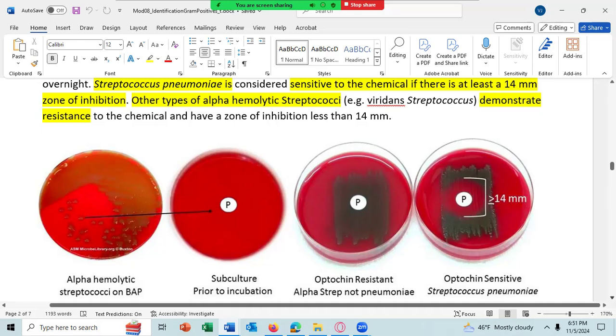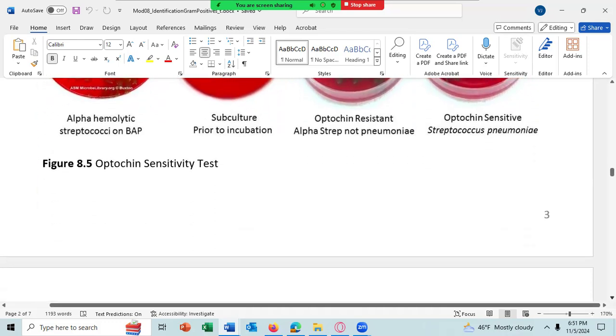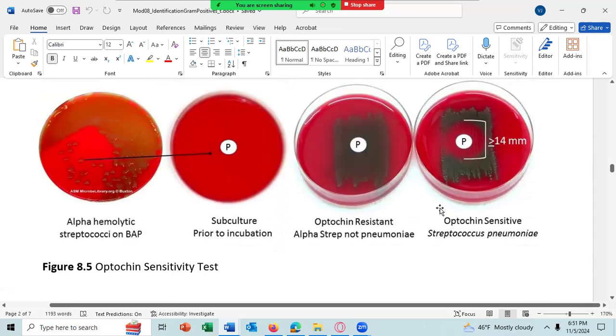Any question about any of that? You do not use this test on streptococci that are beta hemolytic or gamma hemolytic. You only use it on streptococci which are alpha hemolytic.